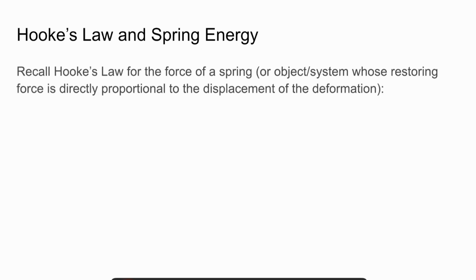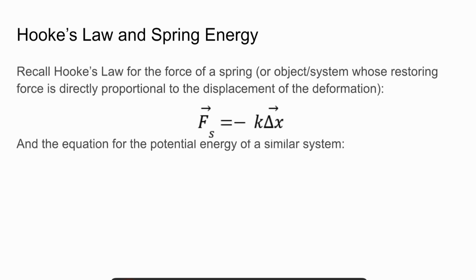Just as a quick review of Hooke's law and energy contained in a spring, Hooke's law is that the force of a spring equals negative k, the spring constant, times delta x, the displacement of that spring. If we want to think about the potential energy stored within a spring-object system, we would calculate it like this: our change in potential energy stored in that spring system is equal to 1/2 times k, the spring constant, times the displacement squared.